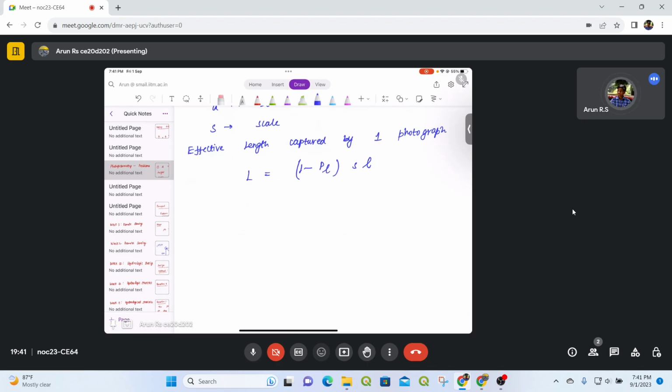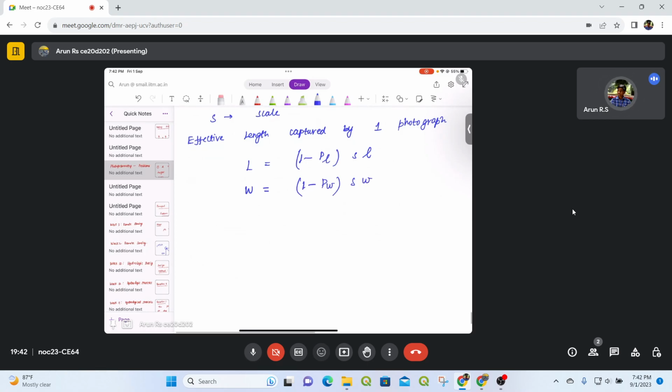Similarly, your capital W is equal to 1 minus PW into scale into small w. You don't have to remember this, you just need to remember the concept. We are converting the photograph dimension to the ground dimension.